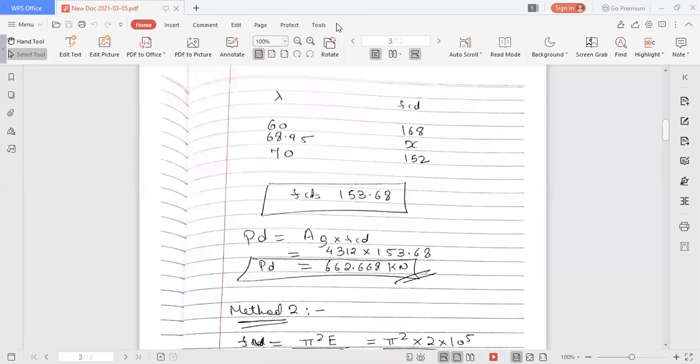So design compressive strength PD will be AG into FCD. AG, that is the gross sectional area, is 4312 into FCD, FCD आपको मिला 153.68. तो PD की वैल्यू मिलती है 662.668 किलो न्यूटन. So solve up till here.